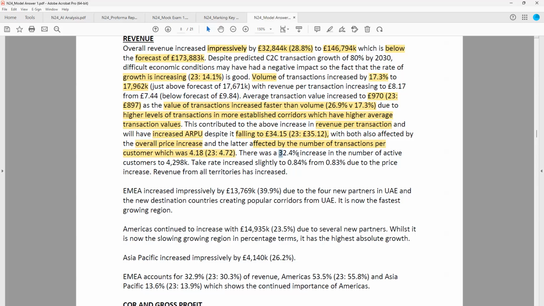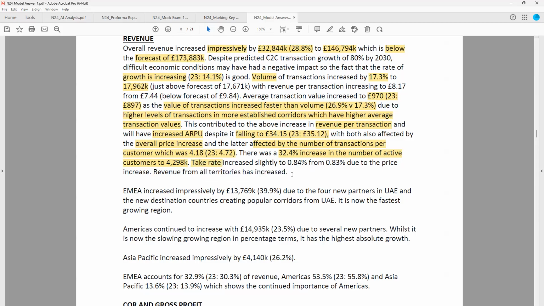So they mentioned specifically the increase in the number of customers. So again, numerically, why is average revenue per user going down? Well, revenue is obviously going up by this, and the average number of customers is going up by more than that. So you could mention that as well, or you could delve into it a bit more by looking at number of transactions per customer.